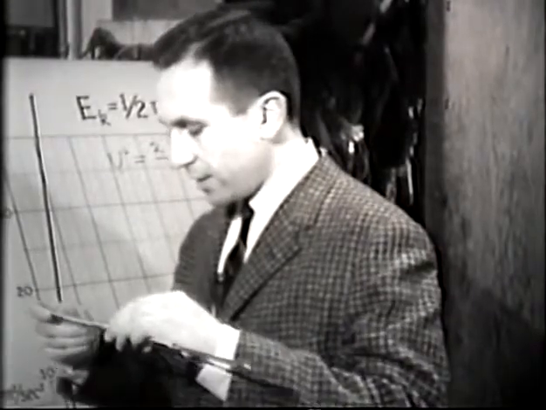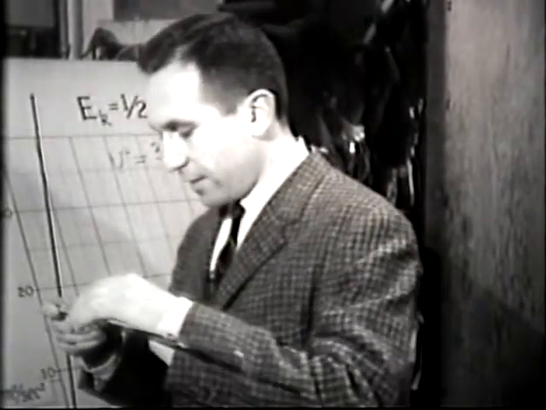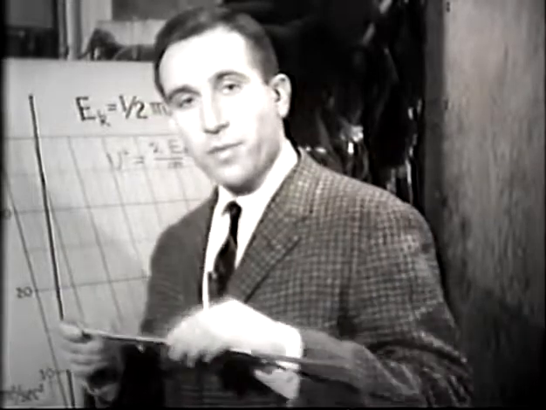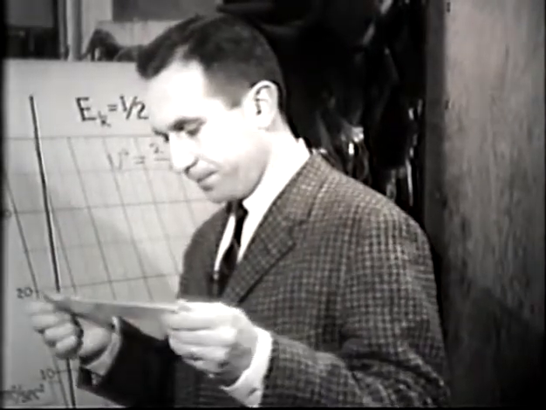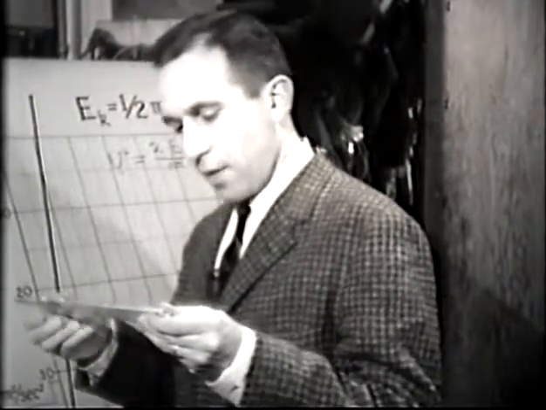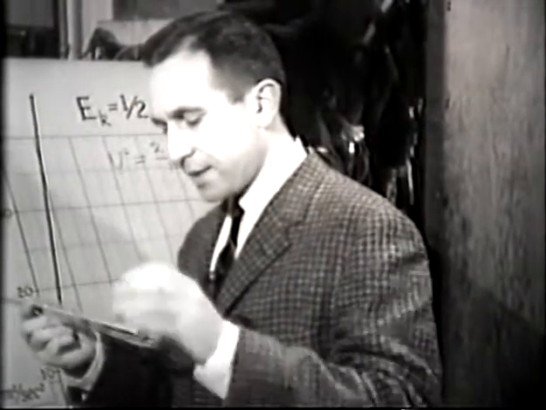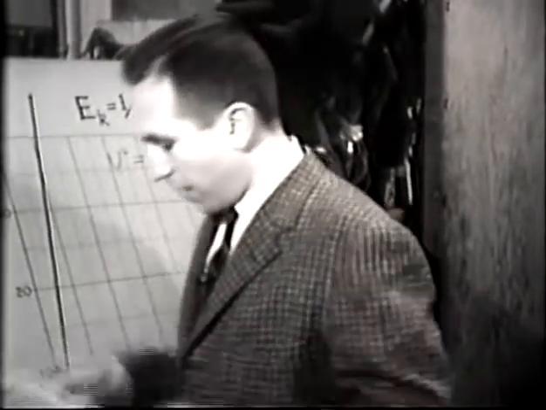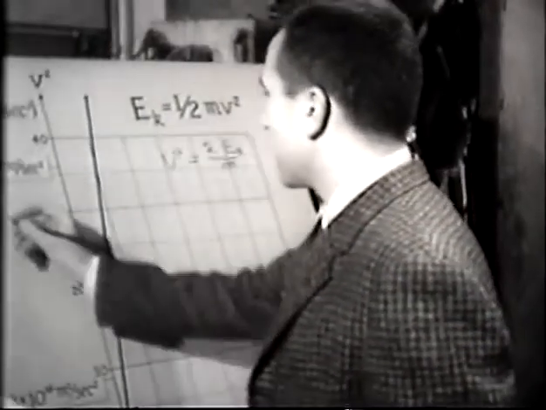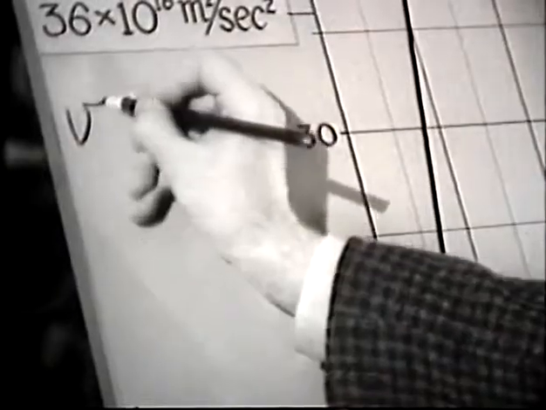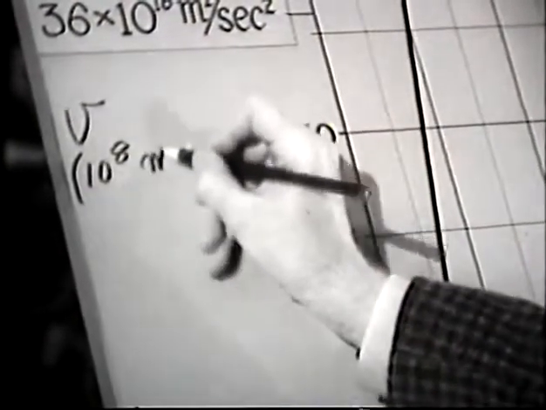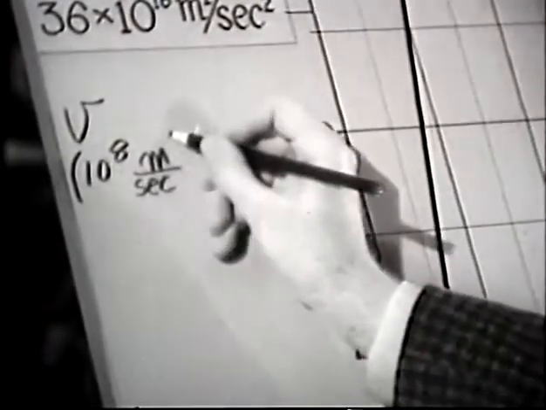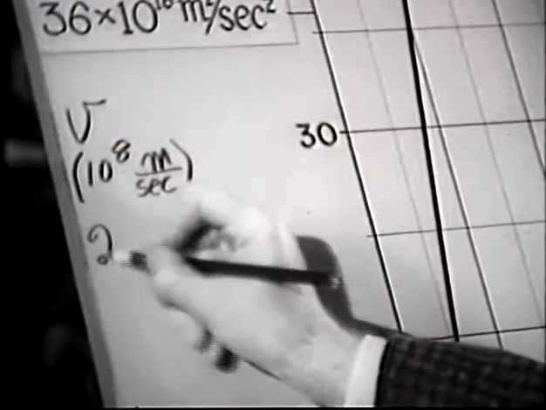To calculate the speed, we must divide the distance of travel, you remember that was 8.4 meters, by this time of flight. And we get about 2.6 times 10 to the 8th meters per second. I'll write that here. Speed in units of 10 to the 8th meters per second is 2.6.